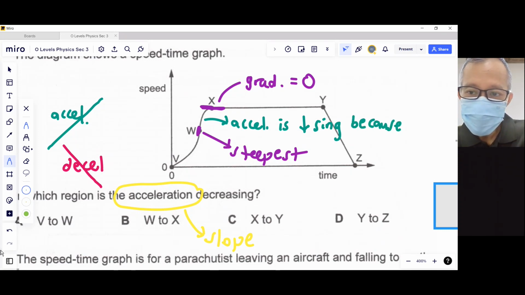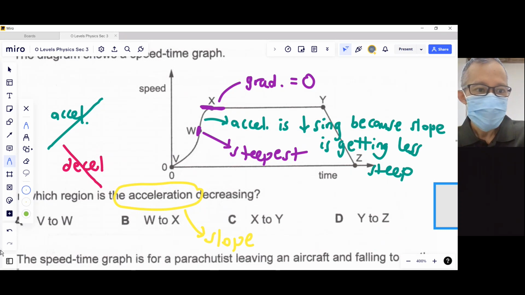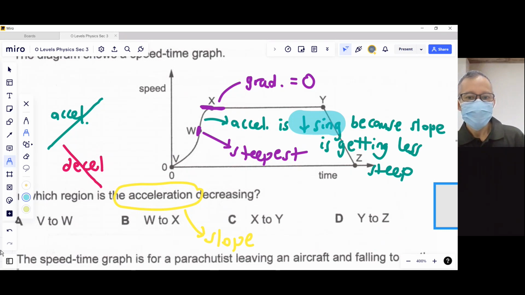That's how you read the curve, because the slope is getting less steep. Can you follow, Fujin? Yeah. Okay, so basically acceleration is decreasing. Yeah, I think I slowly get it. Yeah, you get the hang of it.